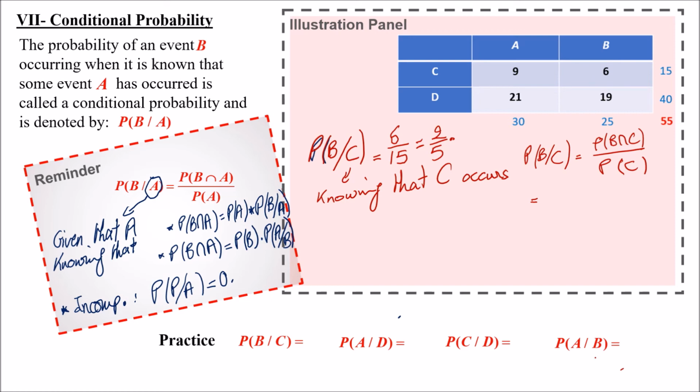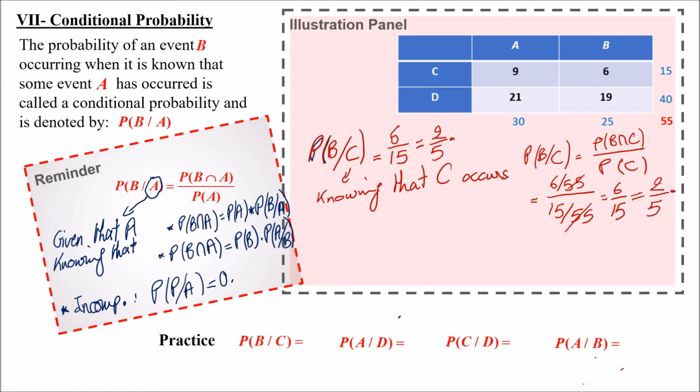So we write 6 over 55 over P of C, which is equal to 15 over 55. If we cancel, we get 6 over 15, which is equal to 2 over 5.